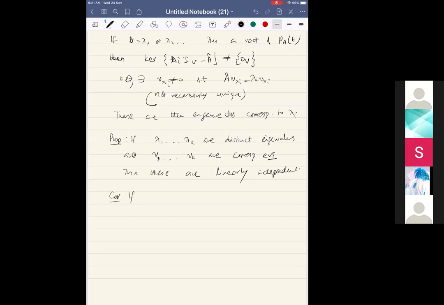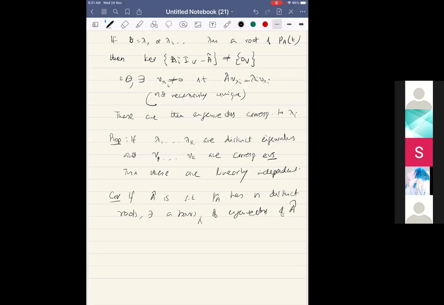Corollary: if a hat is such that PA hat has n distinct roots, there exists a basis of eigenvectors of A hat.